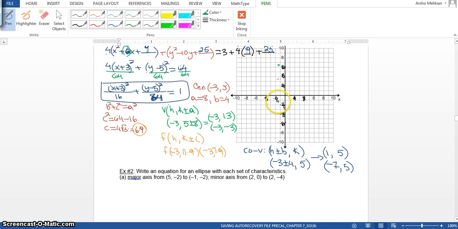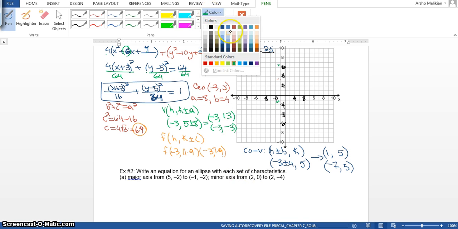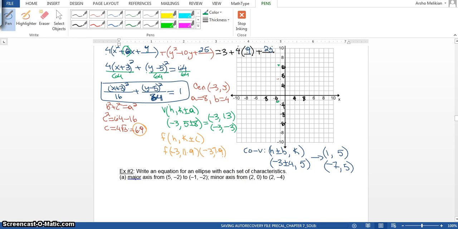Here. And the covertices are here at -7, comma 5. Here. It's very hard with the marker. And 1, comma 5. So it's going to look like this.